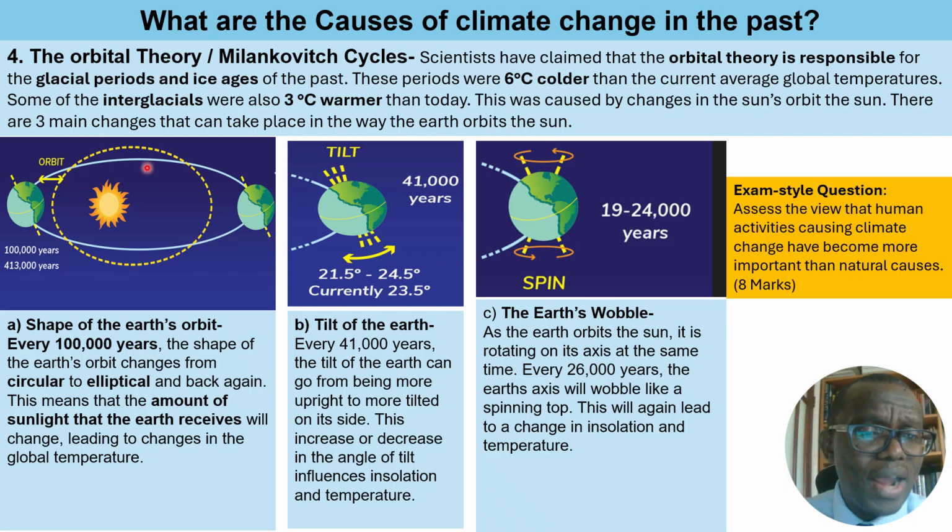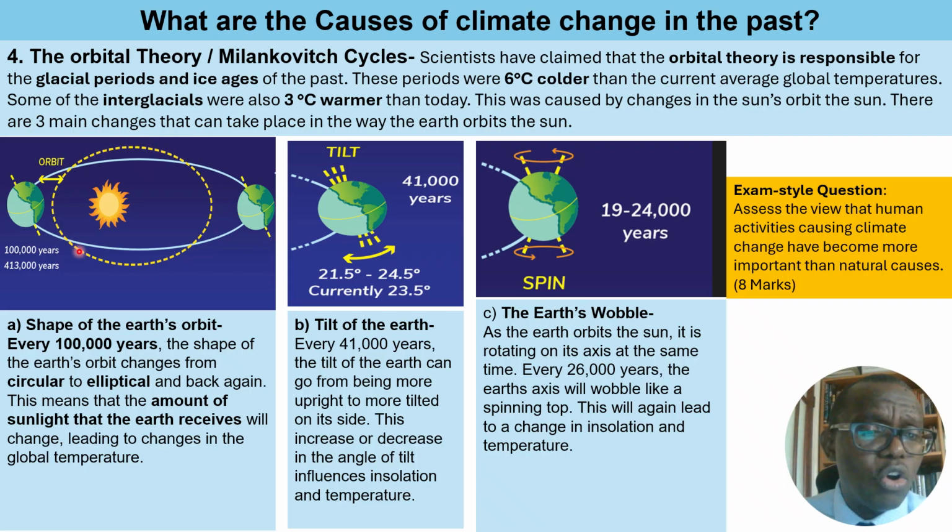So every 100,000 years, the shape of the Earth's orbit around the sun will change from circular to elliptical and back again. Now this means that the amount of sunlight that the Earth receives will change, leading to changes in global temperatures.